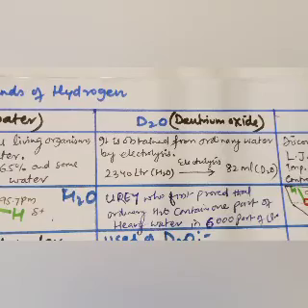Whereas Lewis and Donald in 1933 were able to isolate a few millilitres of pure deuterium oxide by continuous electrolysis of water.